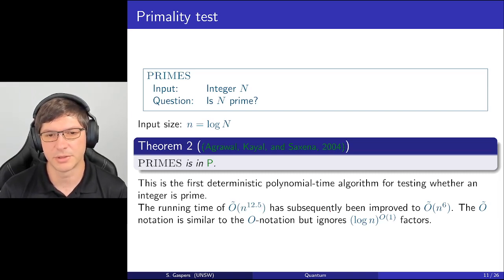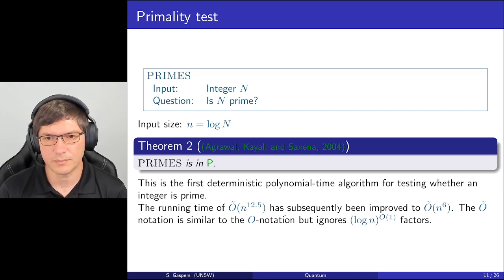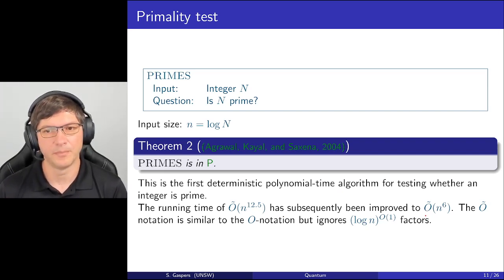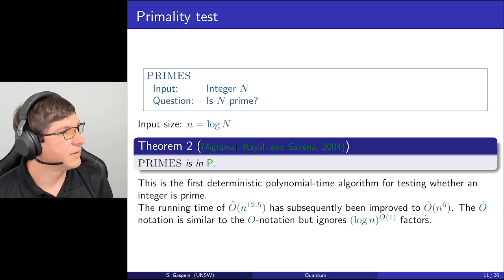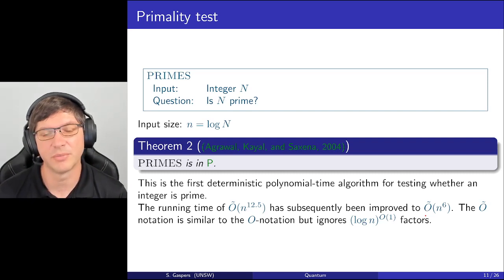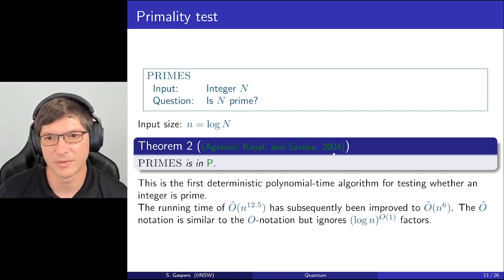The O tilde notation allows us to ignore factors that are polylogarithmic in the input size. This running time has been subsequently improved to O tilde of n to the power 6. I was studying back then, and it was really surprising that PRIMES was actually polynomial time solvable, but by now it's already a quite old result.